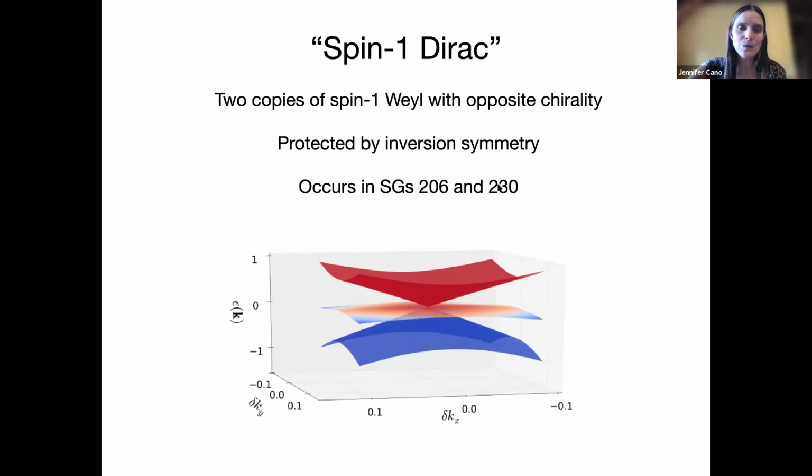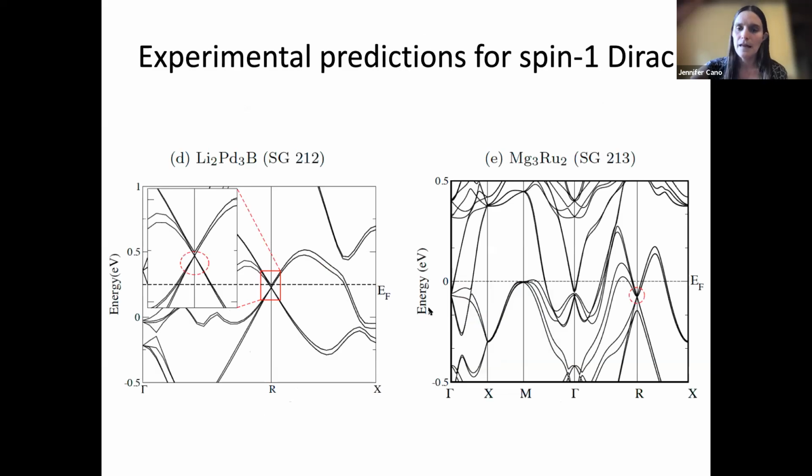And again, this can only occur in a couple of space groups. It looks exactly like the spin 1, but each of these bands is doubly degenerate. So it's actually a 6-fold crossing. And again, we have some materials where we can expect to see these, although it's going to be hard to probe them since there are other bands nearby in energy.